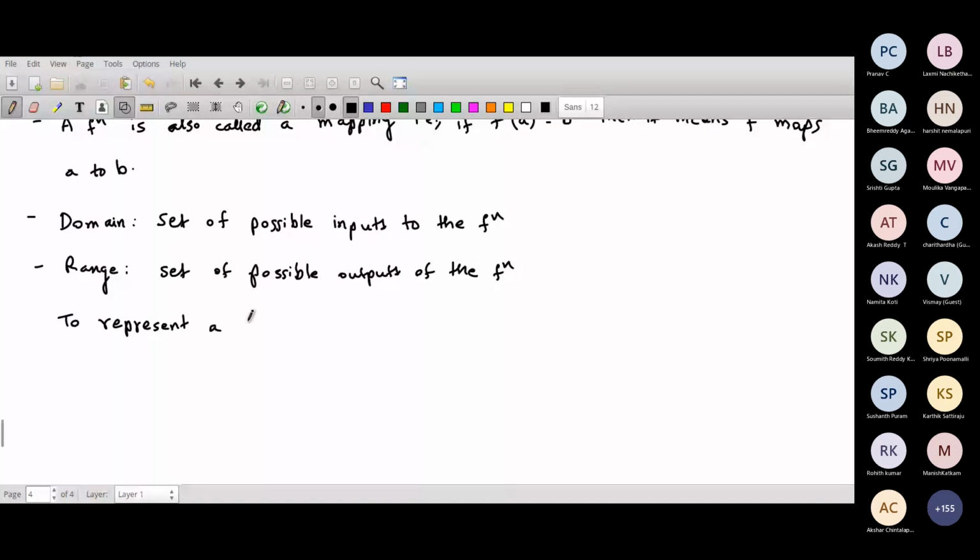To represent a function f with domain D and range R, we write either like this or like this.